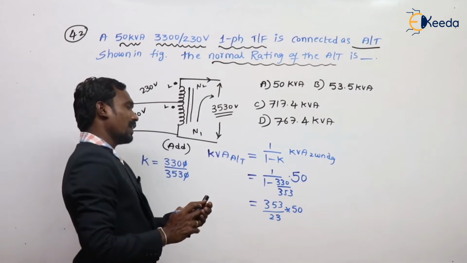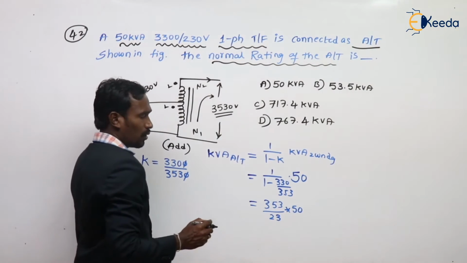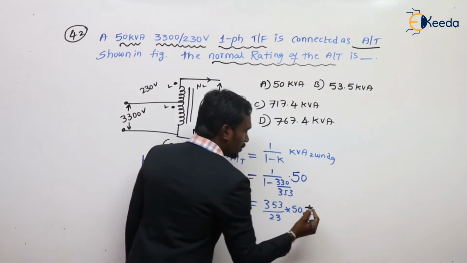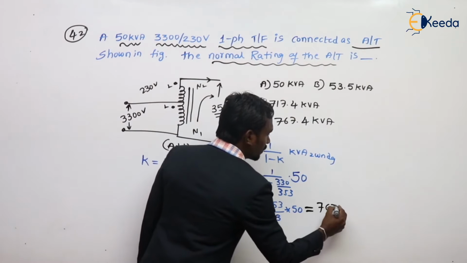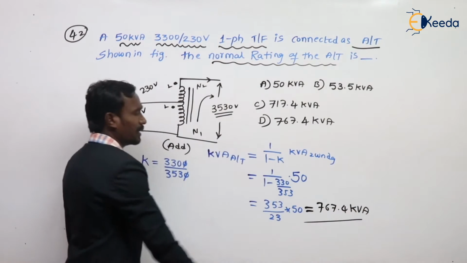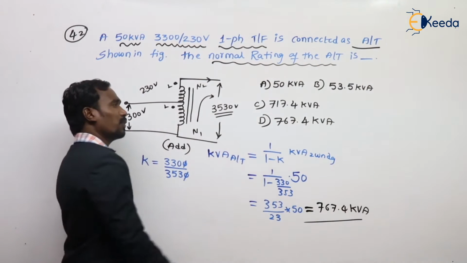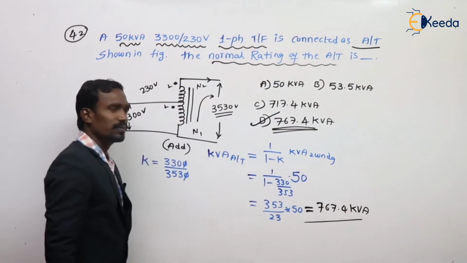This is the value; we have to solve it. If you solve this, you can get the answer of 767.4 kVA. This is your correct answer.